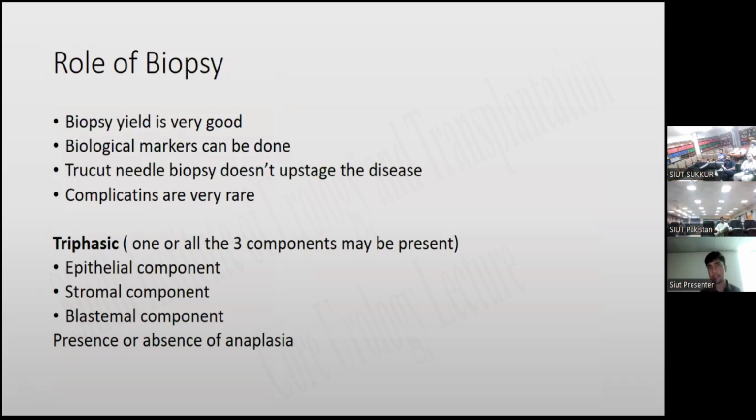So we get an idea in the biopsy of the percentage of different components: epithelial, stromal, and blastemal. We get three major components in Wilms tumor, and we get an idea of the percentage, and then according to that, we start preoperative chemotherapy according to SIOP. And the presence or absence of anaplasia plays a major role in deciding the prognosis.